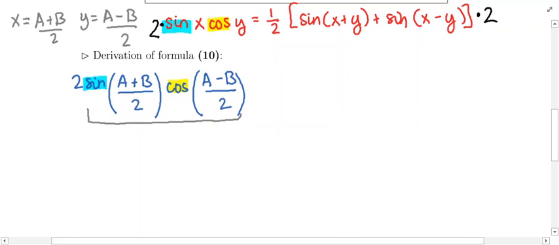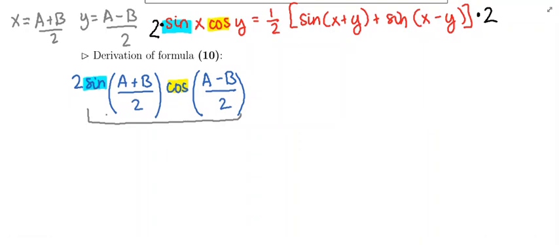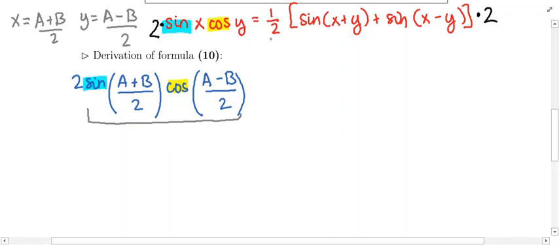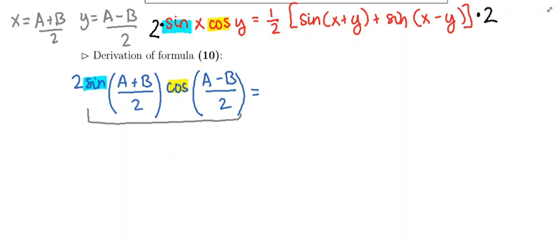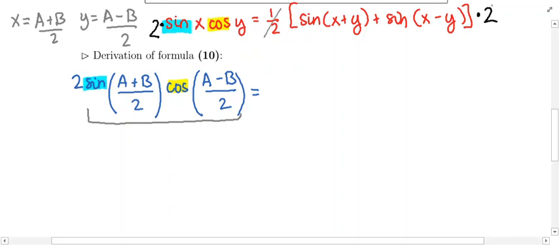Okay, so now my expression is matching up exactly with the left side of the identity. I've got 2 times 2 times sine times cosine. According to the identity, what is this going to equal? Realize that the 1/2 times the 2, those two are going to cancel, because 1/2 times 2 is 1.